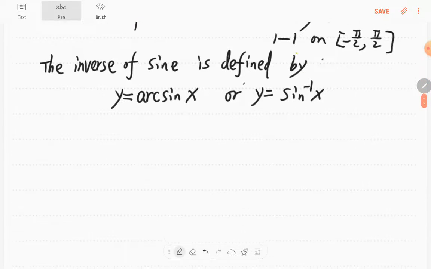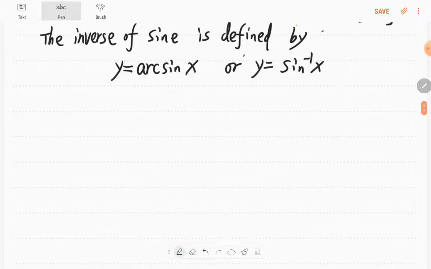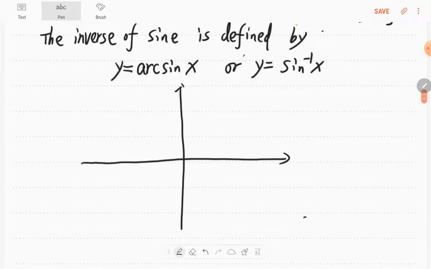So now let's look at the graph. We know that the graph of the inverse function is symmetric with respect to the y equals x line with the original function. So we can draw the graph. This is 1, here is pi over 2, here is negative pi over 2.